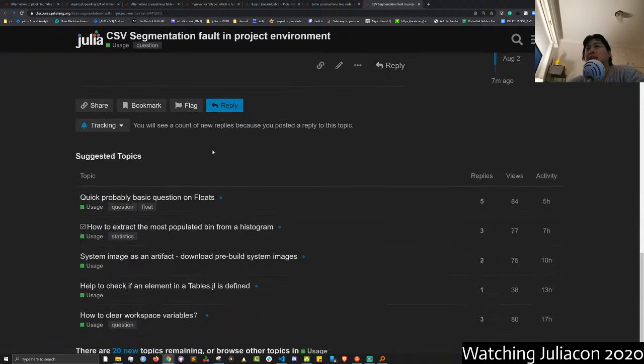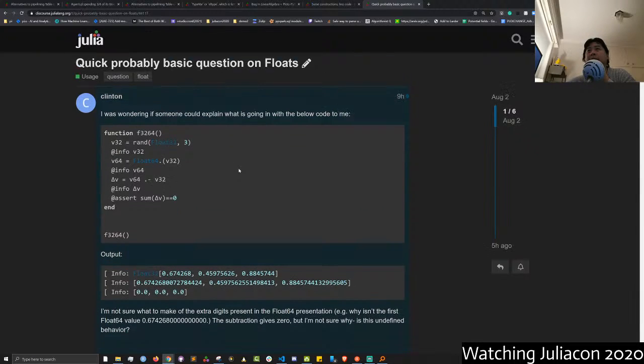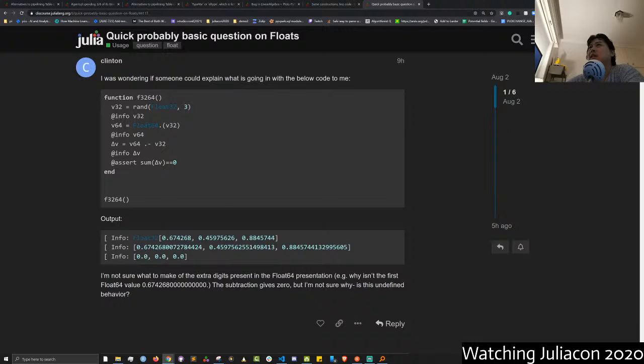But yay! Okay, this is a quick question on floats. Let me check this out. Wondering if someone could explain what's going on. Okay, I don't even know about this. Oh, okay, the info macro just prints something. Yes, I remember that. So what is the issue? Extra digit. Why isn't the first float value this?